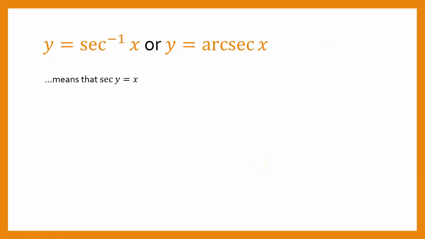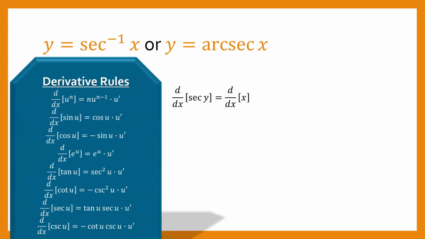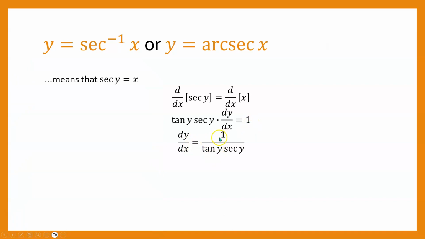If we differentiate both sides, the derivative of the secant of something is the tangent of that thing times the secant of that thing times, because of the chain rule, the derivative of that thing. So here we get tangent y times secant y times dy/dx, and that's equal to the derivative of x with respect to x, which was 1. So dy/dx equals 1 over tangent y times secant y.